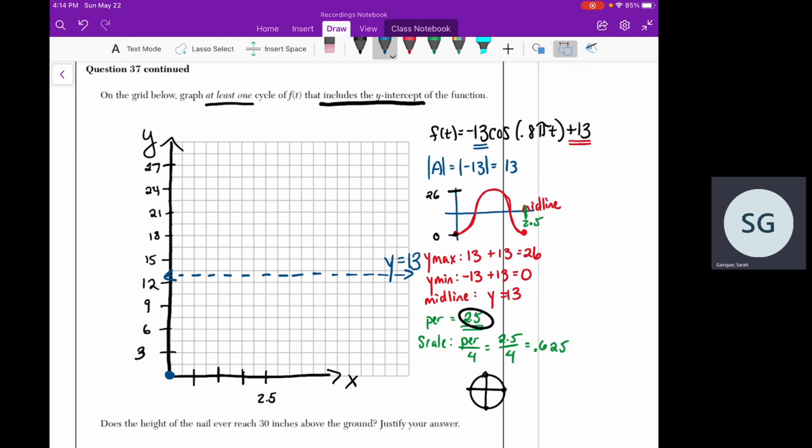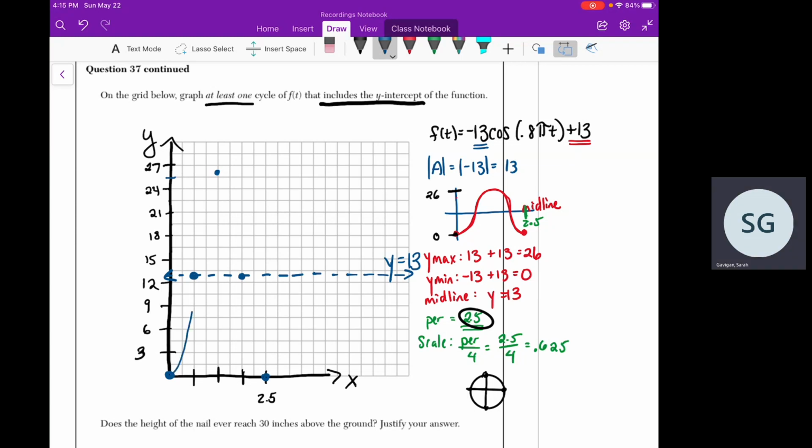My next point is going to be on the midline. My next point is going to be 13 above my midline, so that's going to be at 26, which is right here. Just make sure your points are consistent with your scale. What I mean by that is this line right here is at 25.5, and I have to be at 26, so I went up a little bit higher than that. My next line, again, is back on my midline, and my next point is down at my minimum.